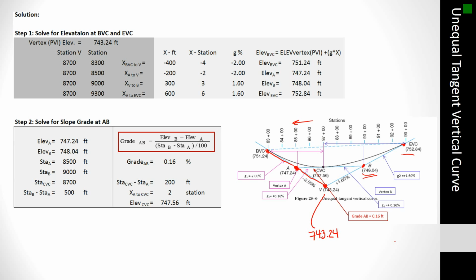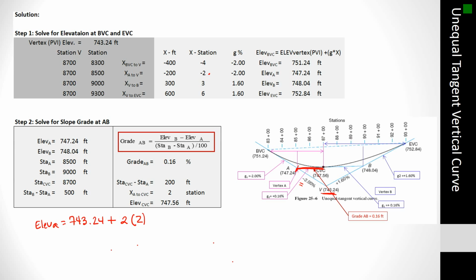I'm going to take the vertex elevation and calculate point A. Elevation at A is equal to 743.24 plus, I'm going to ignore that negative sign, 2% times the distance from here to here, which is 2 stations, or 200 feet.